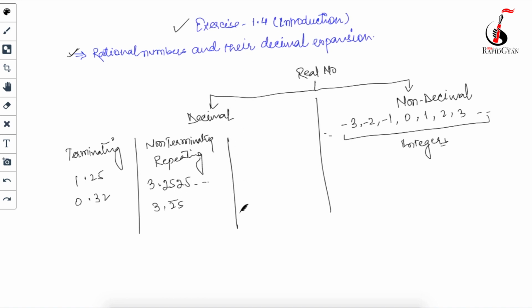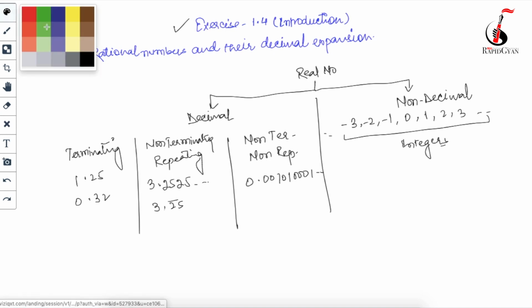And the last category of decimal numbers is non-terminating and non-repeating, like 0.00101000001. So they are non-terminating and non-repeating.